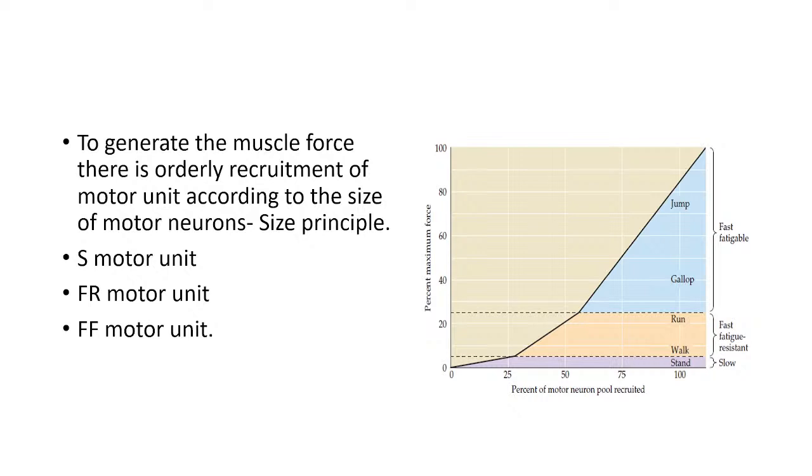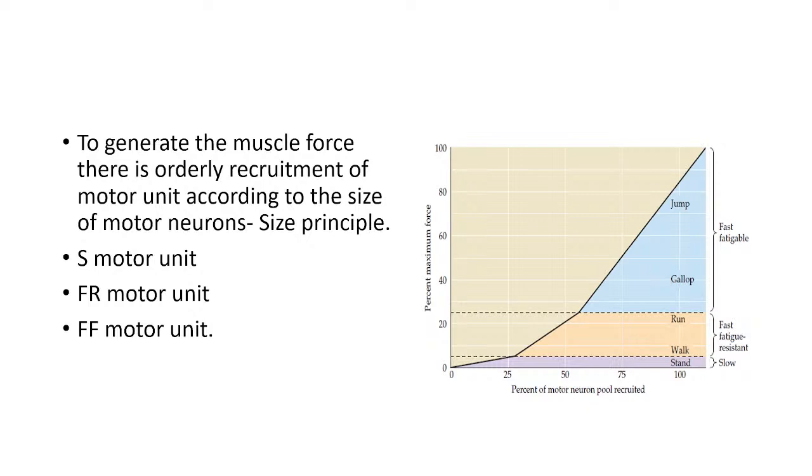So, this is simple standing activity. So, there is recruitment of slow motor units. As the activity changes from walk to run, we will recruit fatigue resistant motor units, and finally we are approaching the finishing line and we want to win the competition, we will recruit fast fatigable motor units.